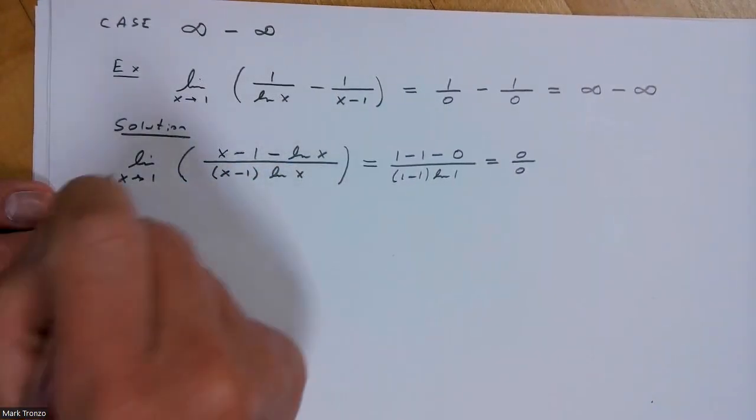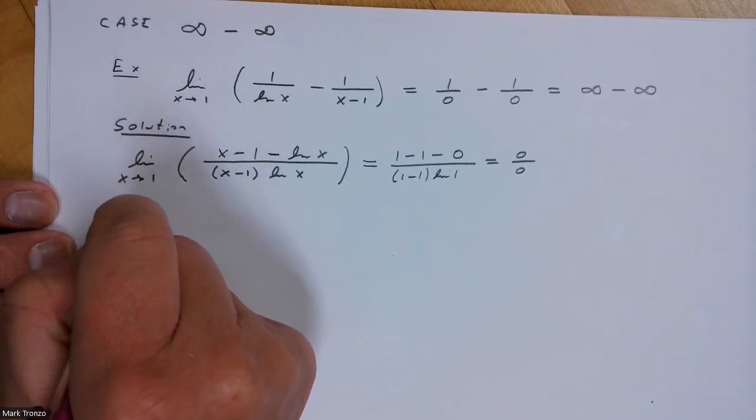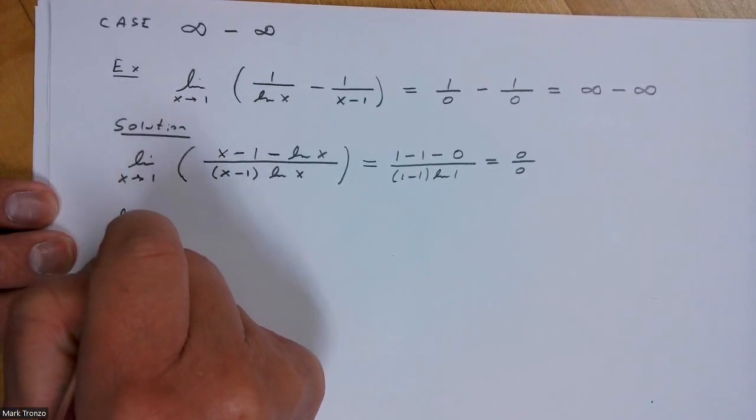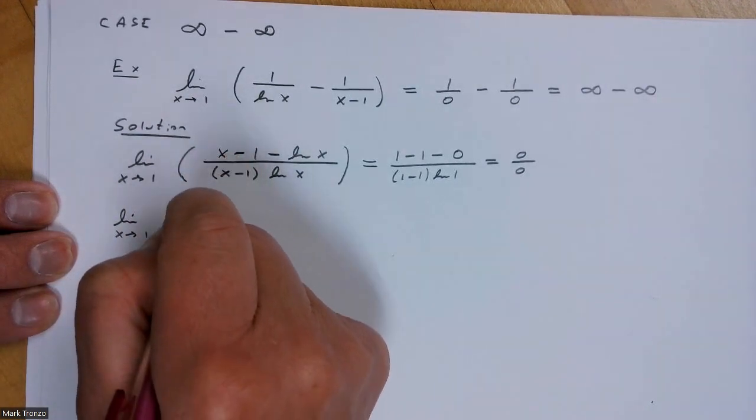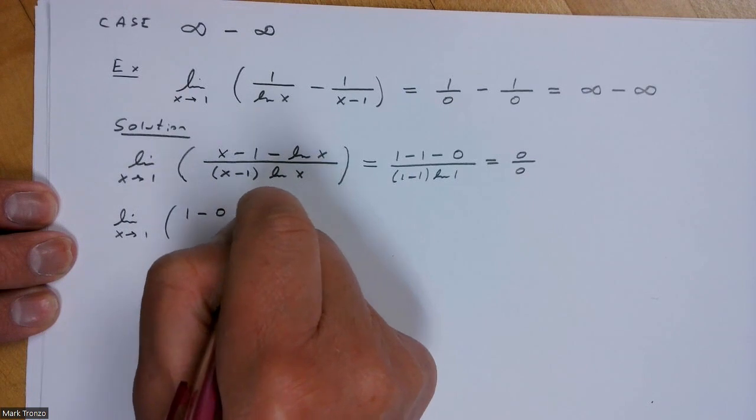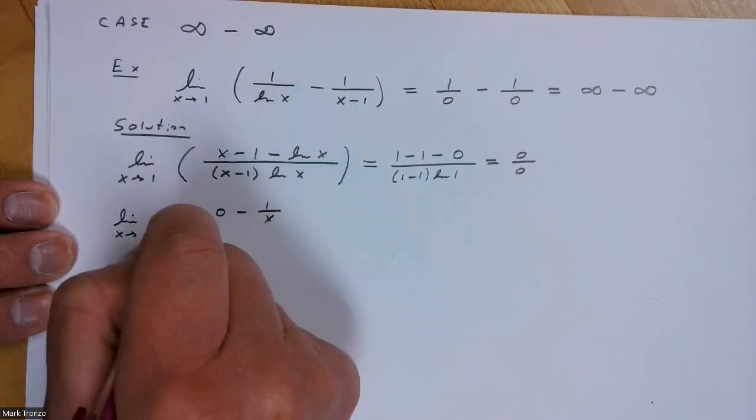So we can apply L'Hopital's rule. Let's take the derivative of the numerator. We're going to have 1 minus 0 minus 1 over x.